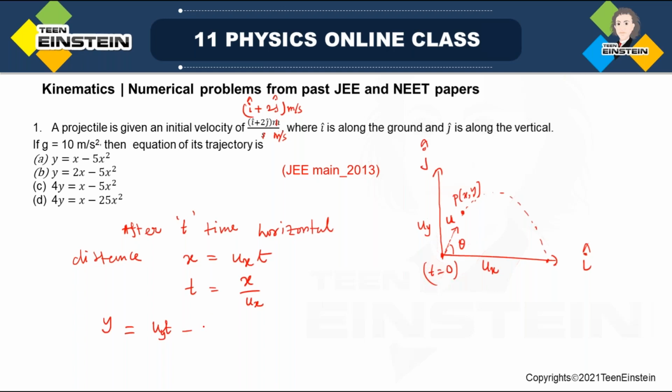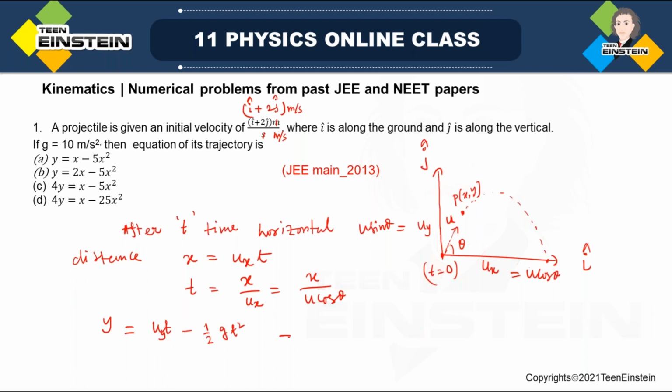So y equals uy t minus half g t square. Okay, so this ux is actually u cos theta, and this uy is actually u sin theta here.